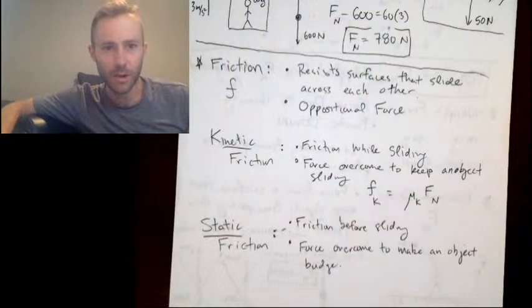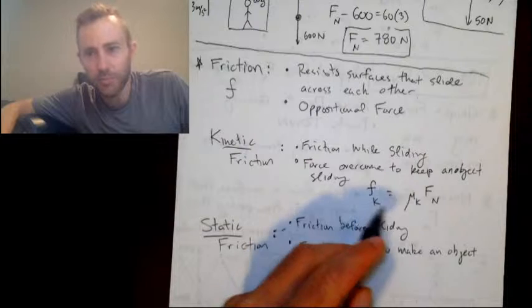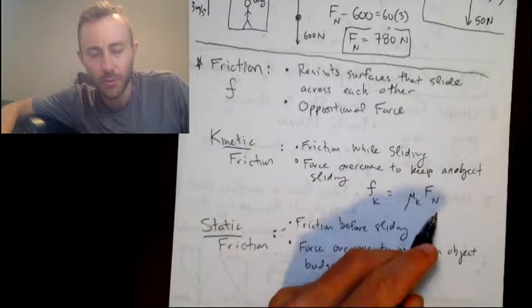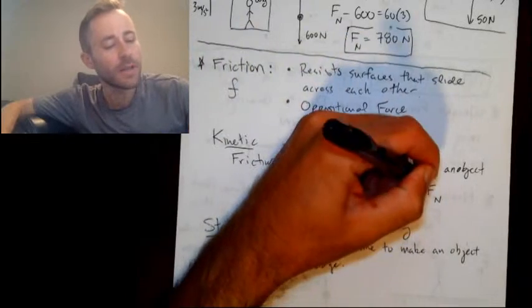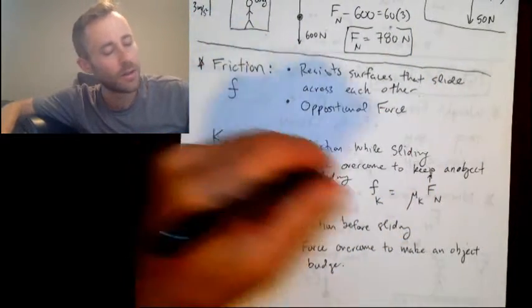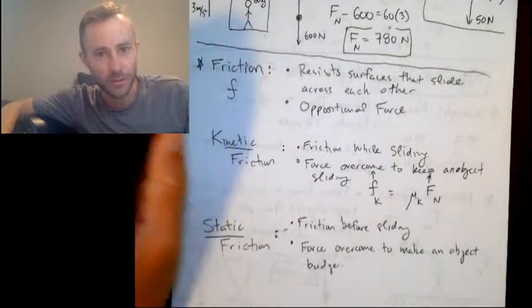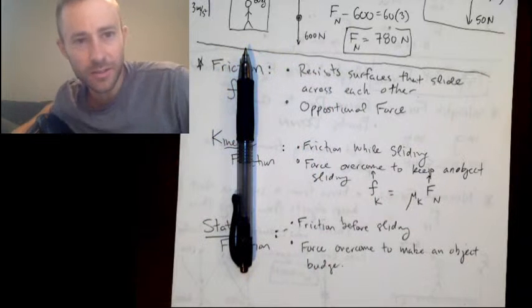The first thing I want you to notice is that the kinetic friction force is proportional to the normal force. What that means is that the more normal force you have, the more friction you have.